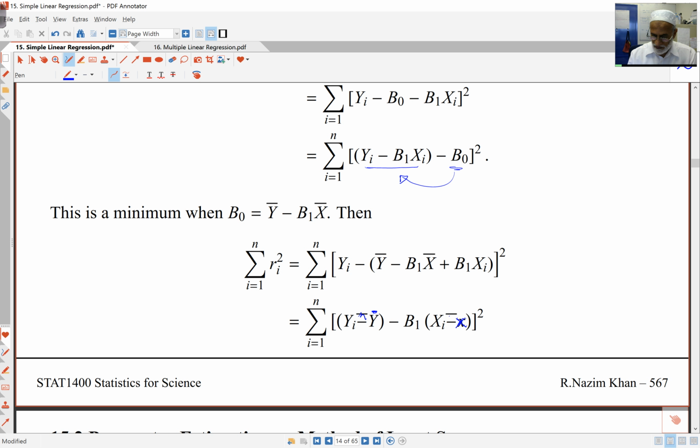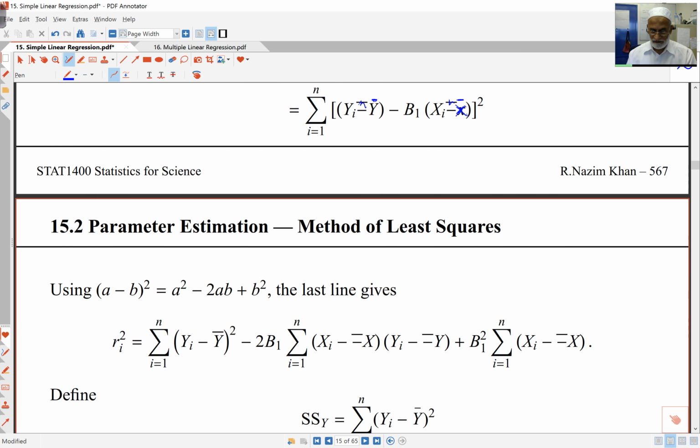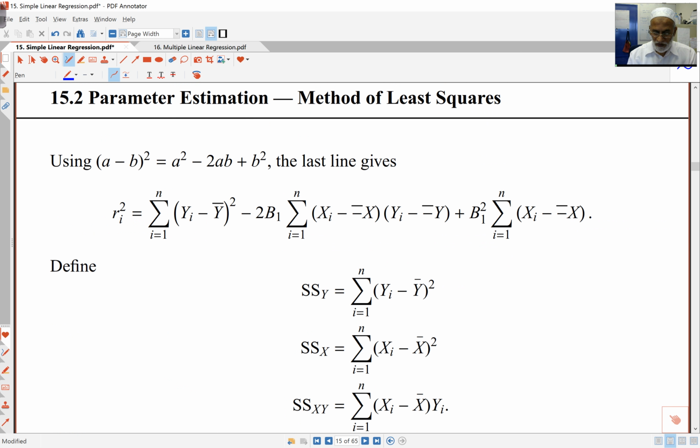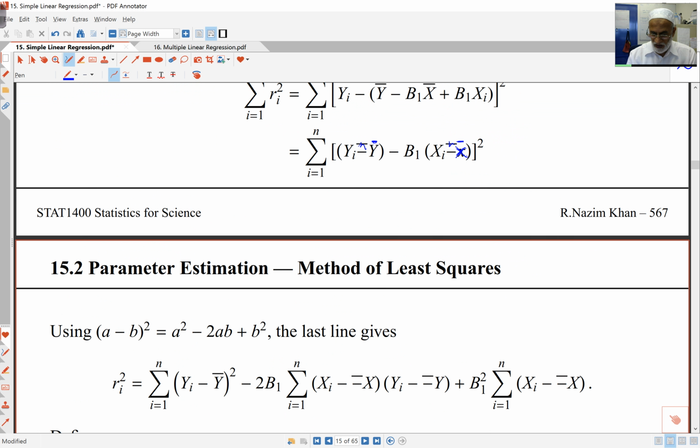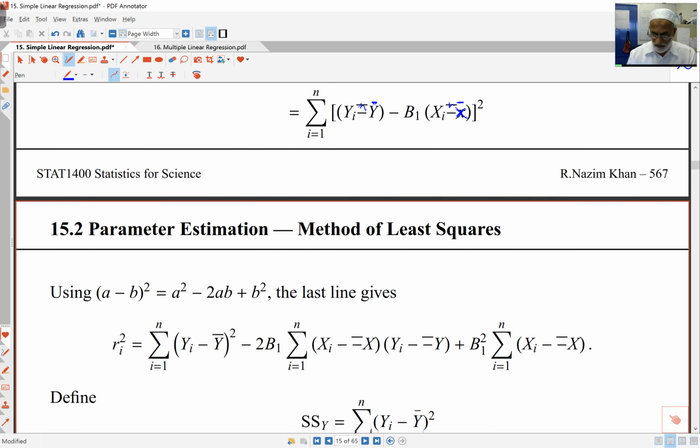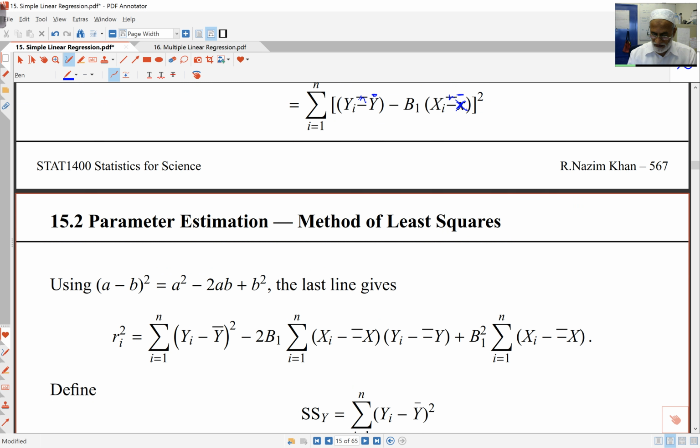Sorry about the typo, something went wrong there. Squared. So now I'm just going to square this in the usual way. So I get the first thing squared, minus 2 times the cross terms, so minus 2 b1 xi minus x bar and yi minus y bar.